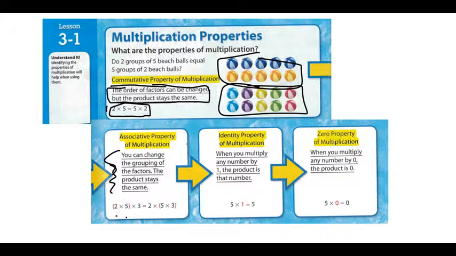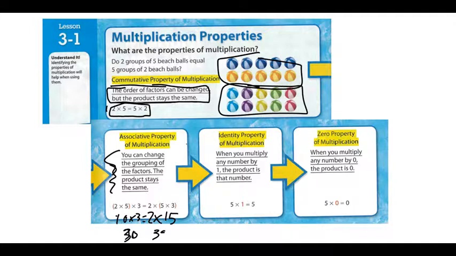When we multiply that, we get 10 times 3, which equals 30, and 15 times 2 also equals 30. So that is the associative property of multiplication. You can change the grouping of the factors and the product stays the same.